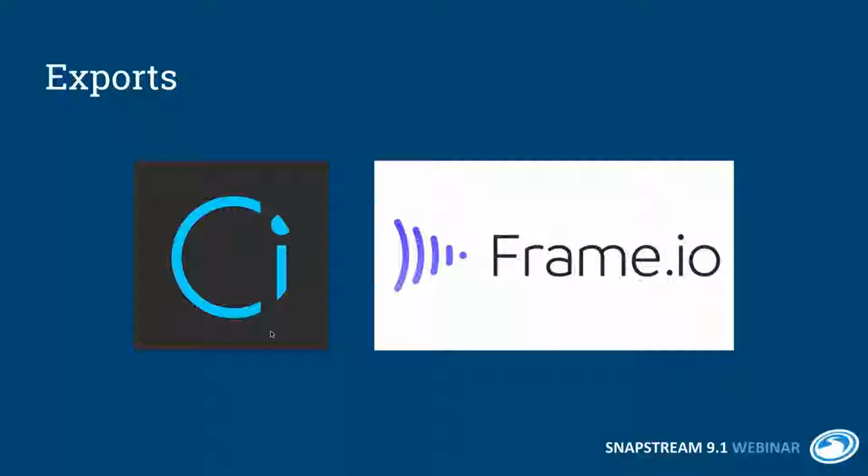So they asked if we could export to Frame.io. So we got in touch with Frame.io folks and got that implemented. Again, this is a situation where we're working closely with them. So any requests that you have for us or for them or for ways to make it work better, we're all ears.